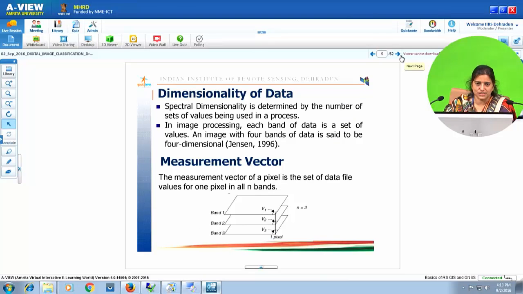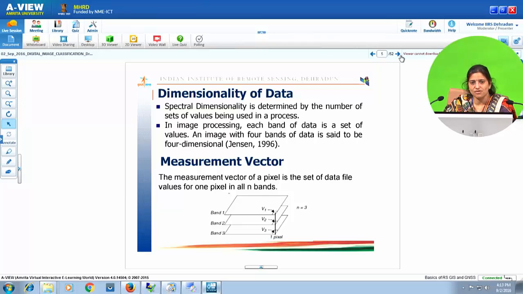So before proceeding into the lecture, I would like to explain a few terms which we will be using in the lecture. The first term is dimensionality of the data. Spectral dimensionality of the data is determined by the number of sets of values being used in a process.